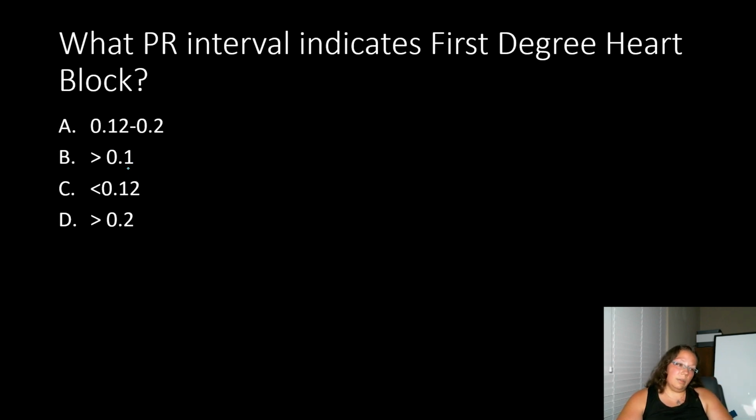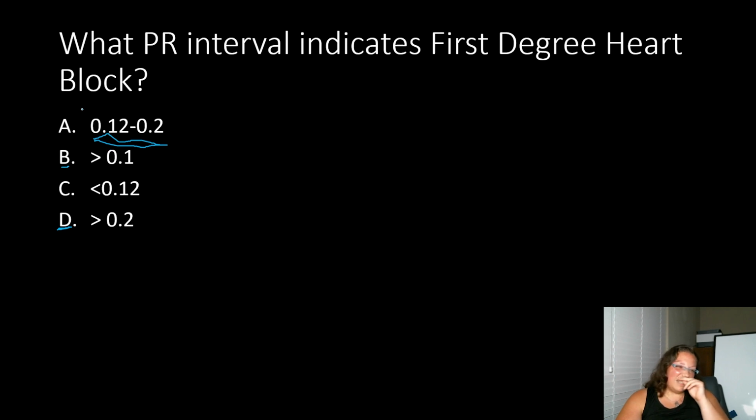So the answers are 0.12 to 0.2, less than 0.1, less than 0.12, or greater than 0.2. Technically, if we read these answers as they are, B and C are kind of the same, right? So this here, A, is actually the normal PR interval.